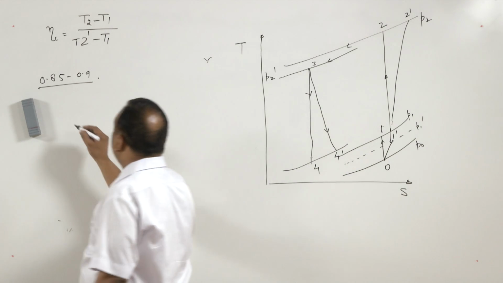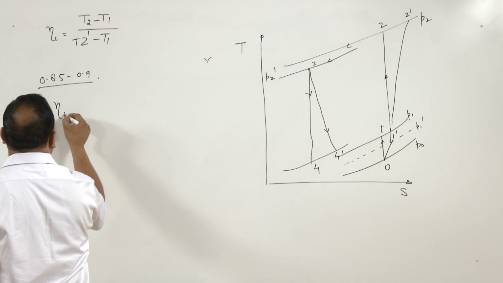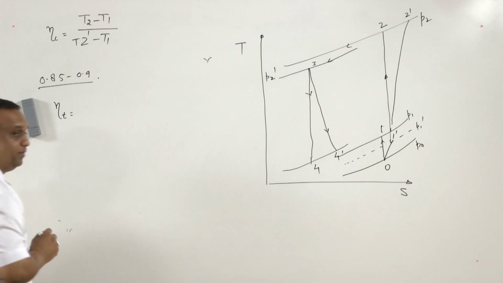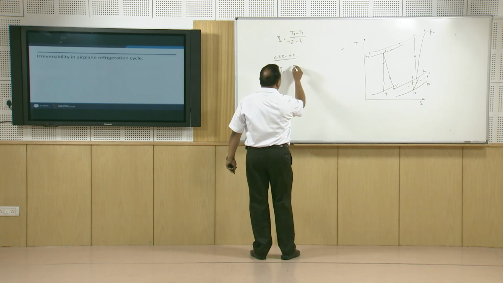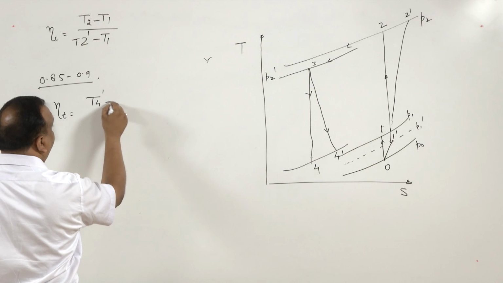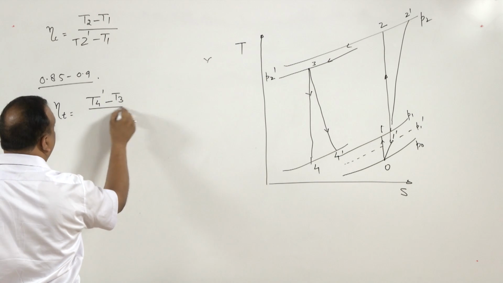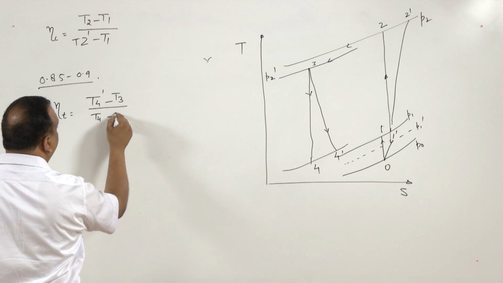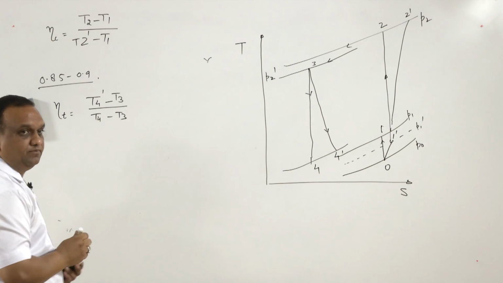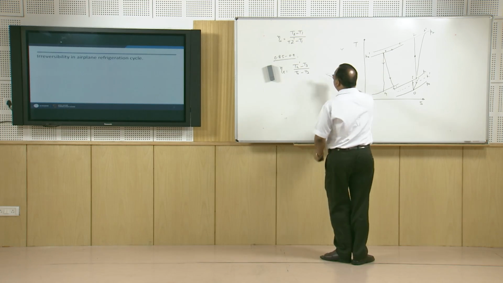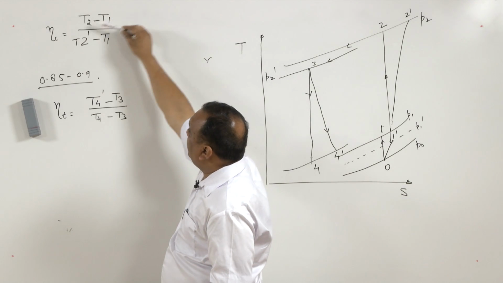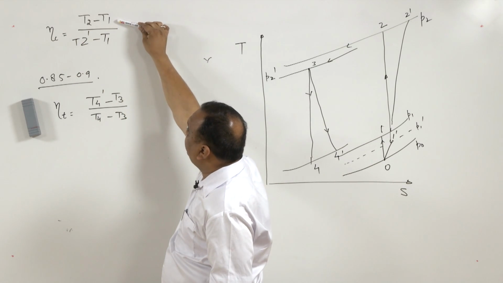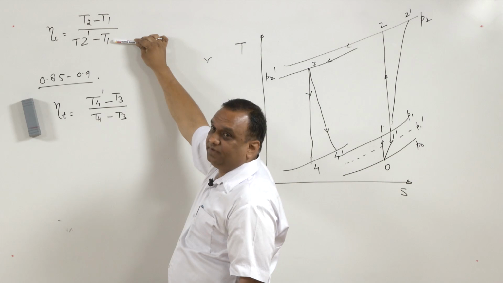And here also the polytropic efficiency of the turbine can be expressed as T4 dash minus T3 divided by T4 minus T3. If you look at these two equations, this is ideal temperature rise, this is actual temperature rise.